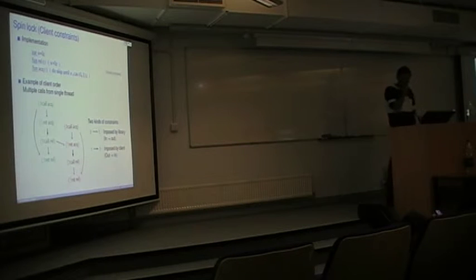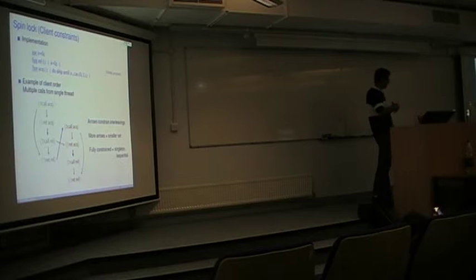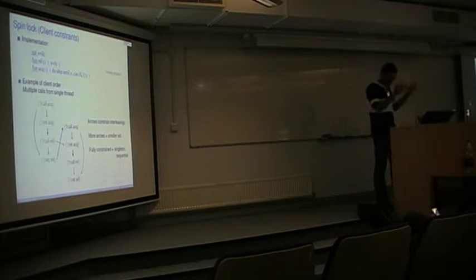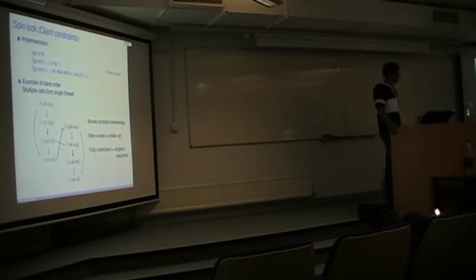Which is because the client has called and returned from the acquire before calling the release. Okay, so that's what happens. And what these arrows are doing is they're constraining interleavings. If you have more arrows, you have a smaller set. If you're fully constrained, you're done.